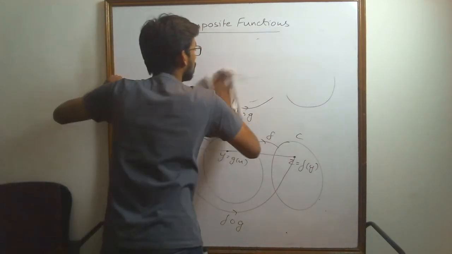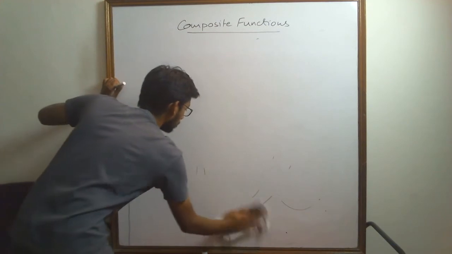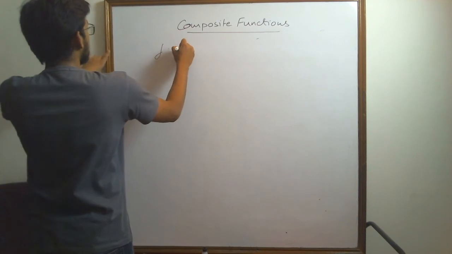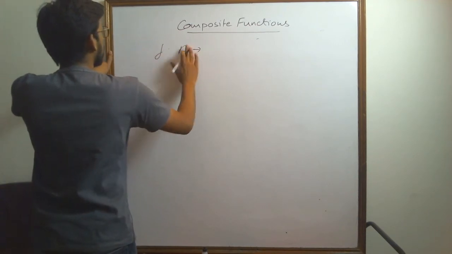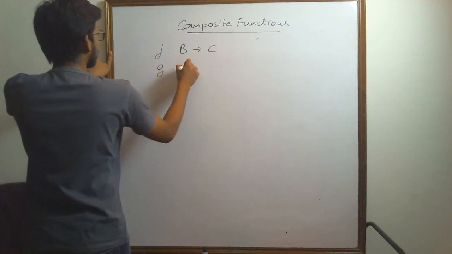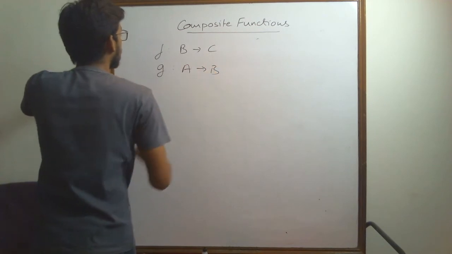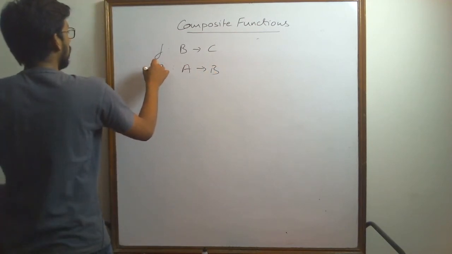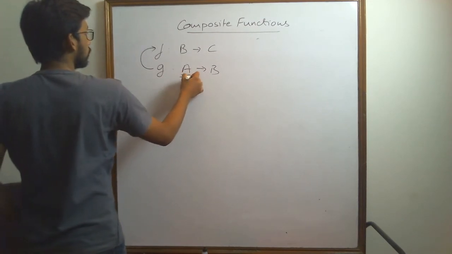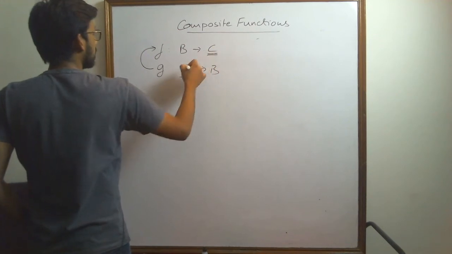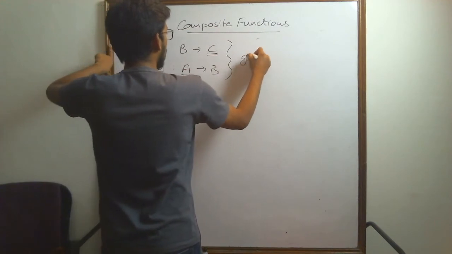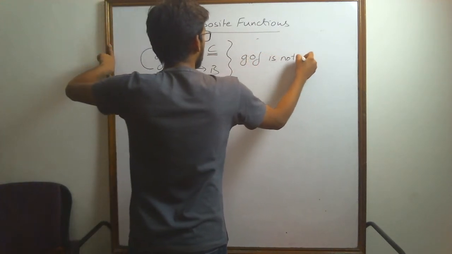Now function f is defined from B to C, and function g is defined from A to B. If I define g of f, then as I told you, the domain of g should be equal to the domain of f, and since it is not equal here, so g of f is not defined in this case.